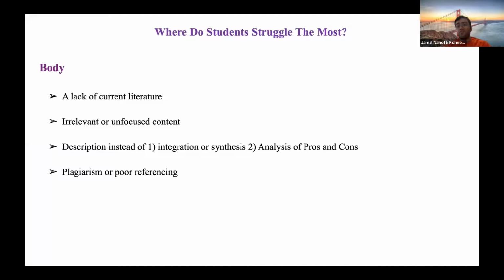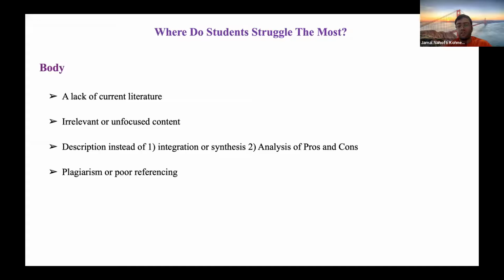Where do students struggle the most? Based on my experience, I've seen that students have lots of problems in the body part of the literature review for different reasons. The first one is lack of current literature, and other reasons are that they talk about irrelevant or unfocused content, and they do description instead of integration and analysis of the pros and cons of the studies.